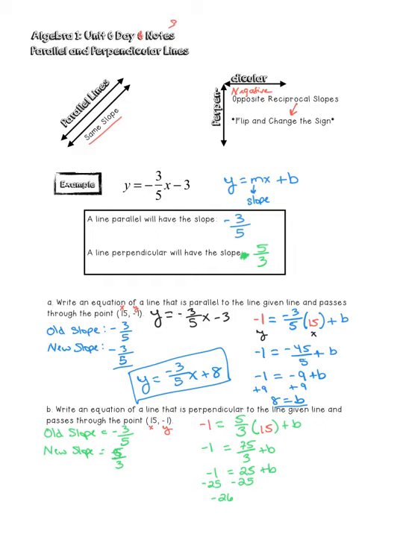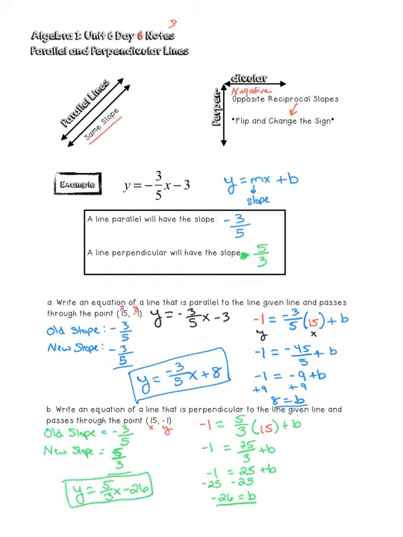Negative 26 equals b. That takes care of the algebra to find b. Now I have my slope. I have my b value. Now let's write the equation. Y equals 5 over 3x minus 26.